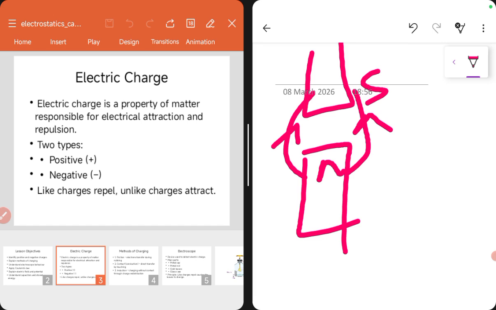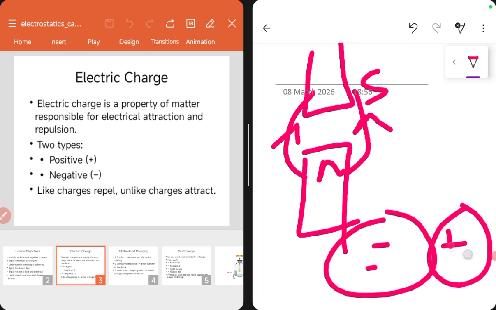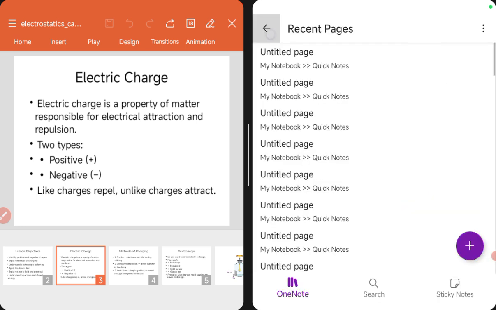Same thing, if I have a negatively charged object coming in contact with a positively charged object, there will be an attraction between them. So electric charge is responsible for the attraction or repulsion between bodies.